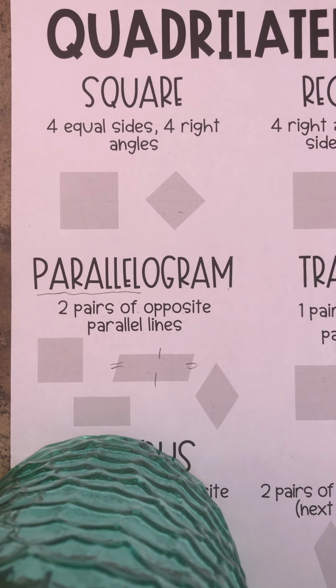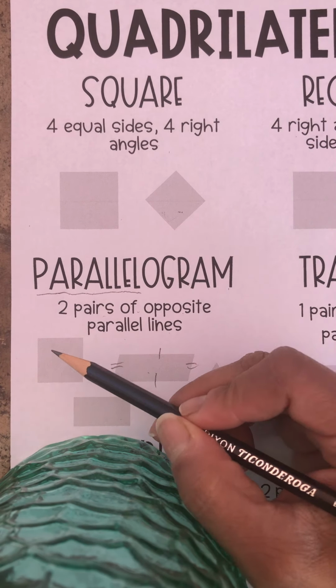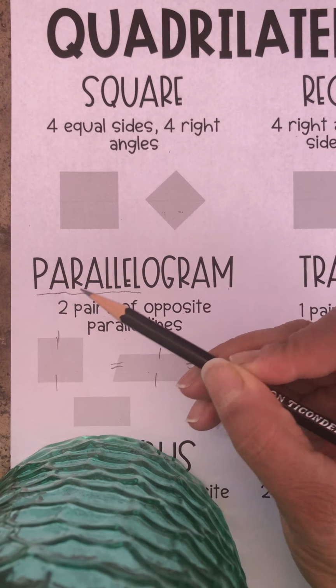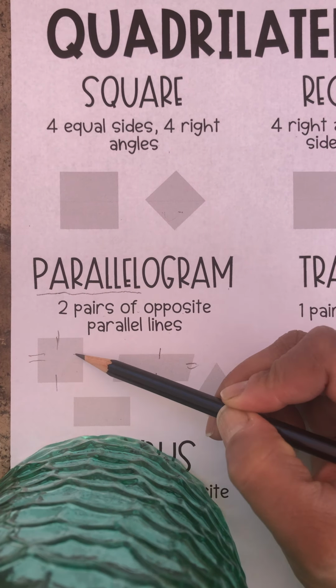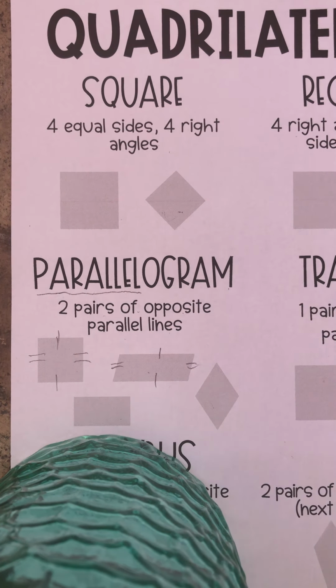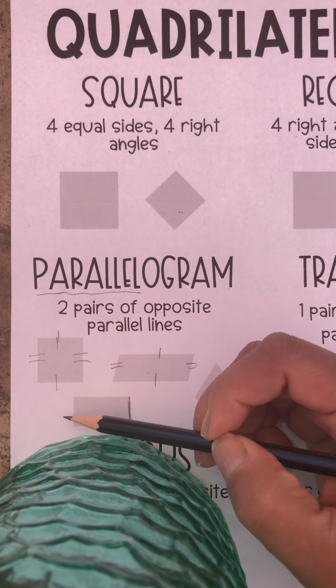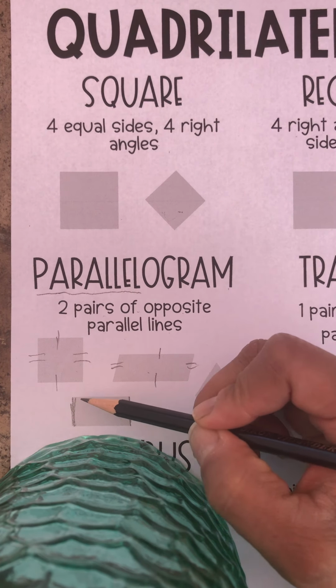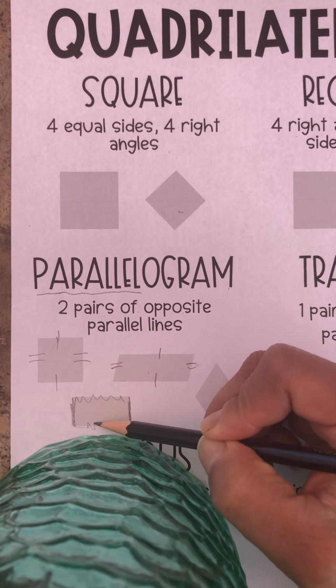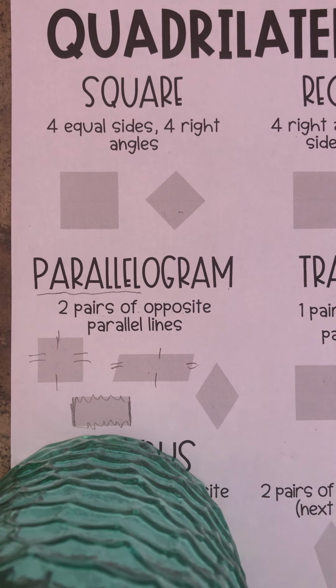They're never going to cross, they're never going to touch, and they're the same distance apart from each other. You can say that for all of them. These 2 are always going to be parallel, and these 2 lines are always going to be parallel to each other, and this top and bottom line are always going to be parallel to each other.